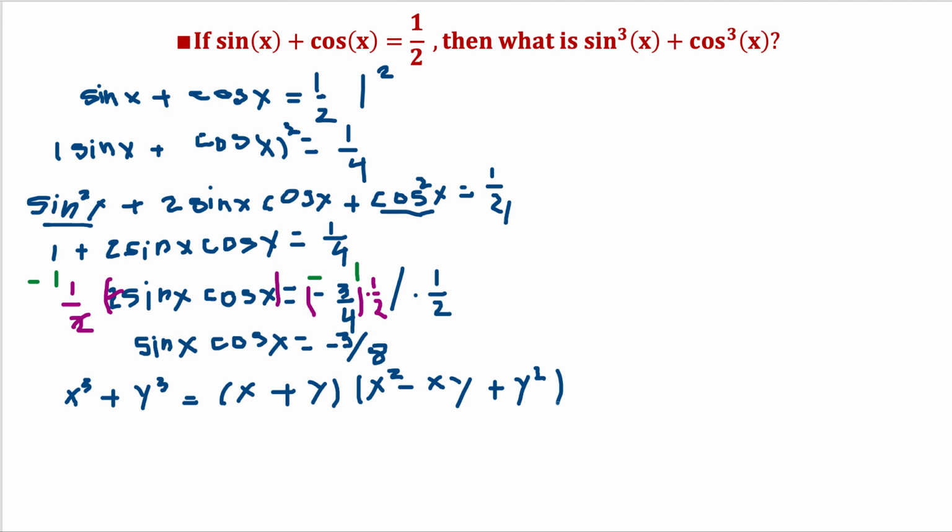But now let's substitute everything with x in the same formula. Let us substitute sine x for x, and whenever there is a y, cosine x. So here we're going to have sine cubic x plus cosine cubic x, and we are just substituting for x and y with the trigonometric functions.